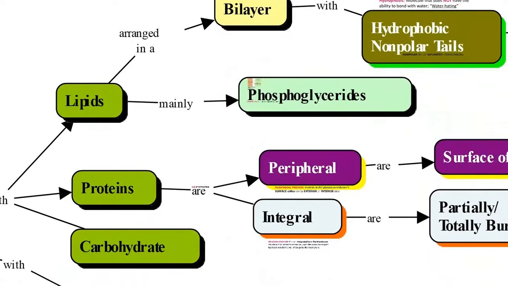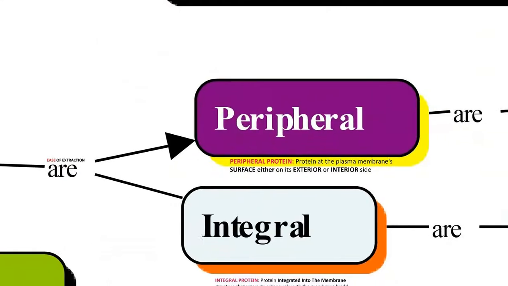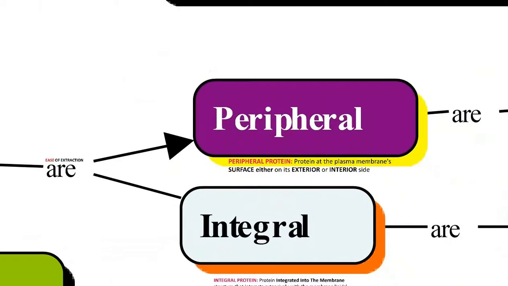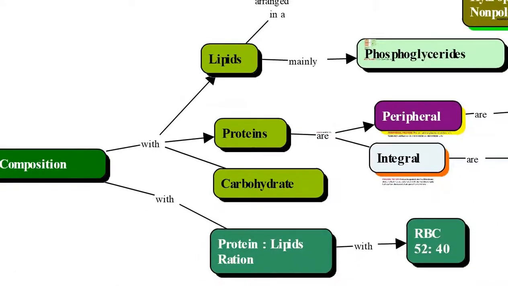Based on the ease of extraction, proteins can be peripheral or integral. Peripheral proteins are present on the surface of the plasma membrane, while integral proteins are partially or completely buried in it. The carbohydrates are also present on the plasma membrane as glycoproteins as well as glycolipids.